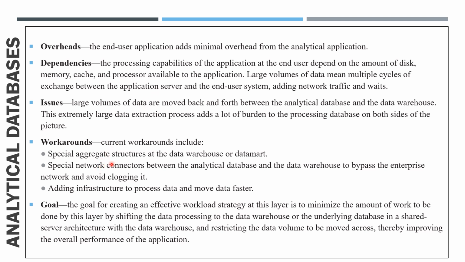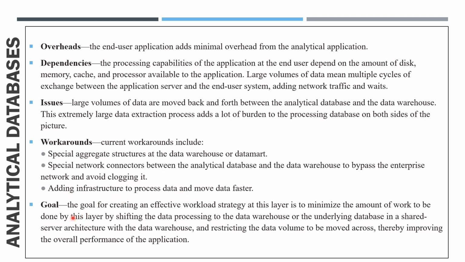The workaround: special aggregate structures at the data warehouse data mart, and a special network connection between the analytical database and the data warehouse to bypass the enterprise network and avoid clogging it. Adding infrastructure to process data and move data faster. So you can make it separate, but make sure you add the infrastructure to process data and move data faster.